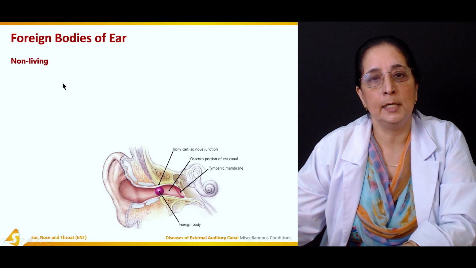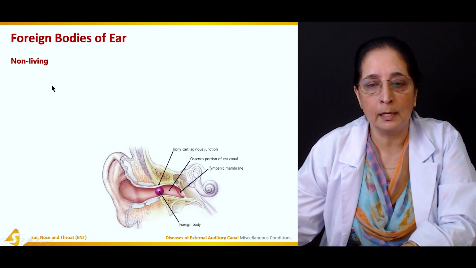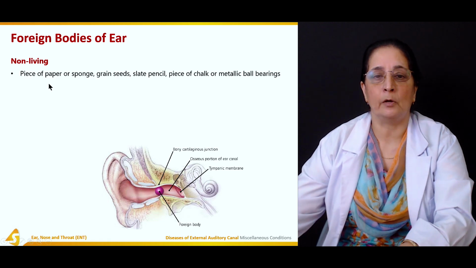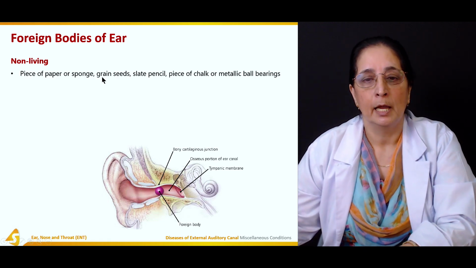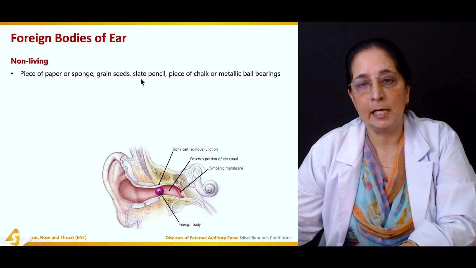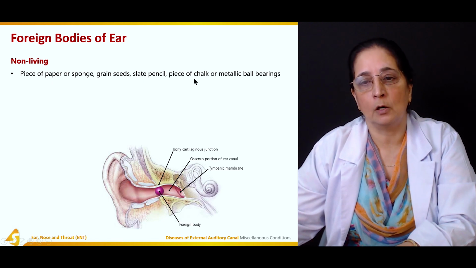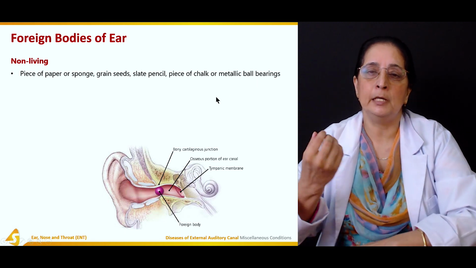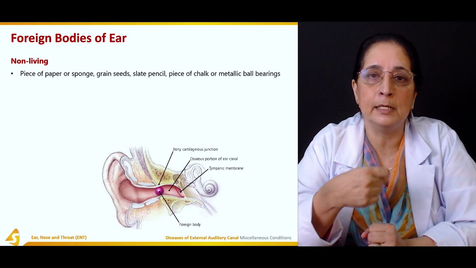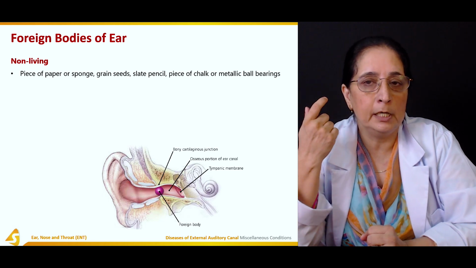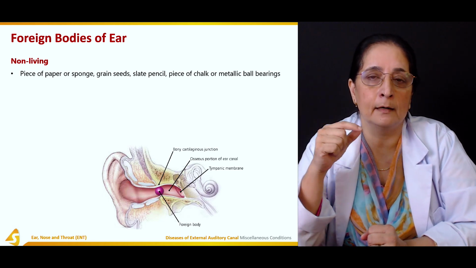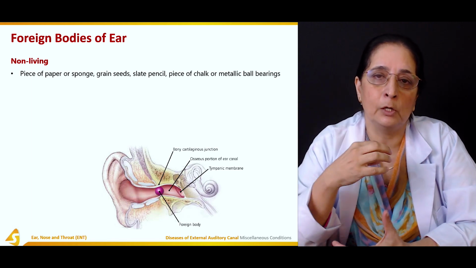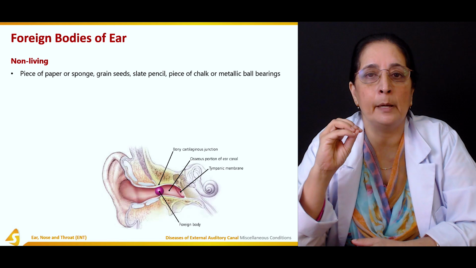Non-living foreign bodies include a piece of paper or sponge, grain seed, slate pencil, piece of chalk, or metallic ball bearings. Especially when children are playing with different things, they put the object in the ear, and in the process of removing it, the object can go further and get impacted.